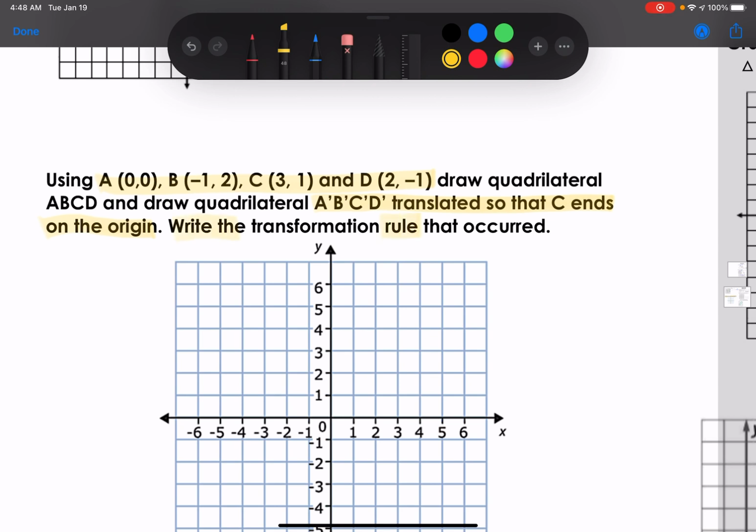All right. Well, there are two ways we can do this. We can use the graph, right?